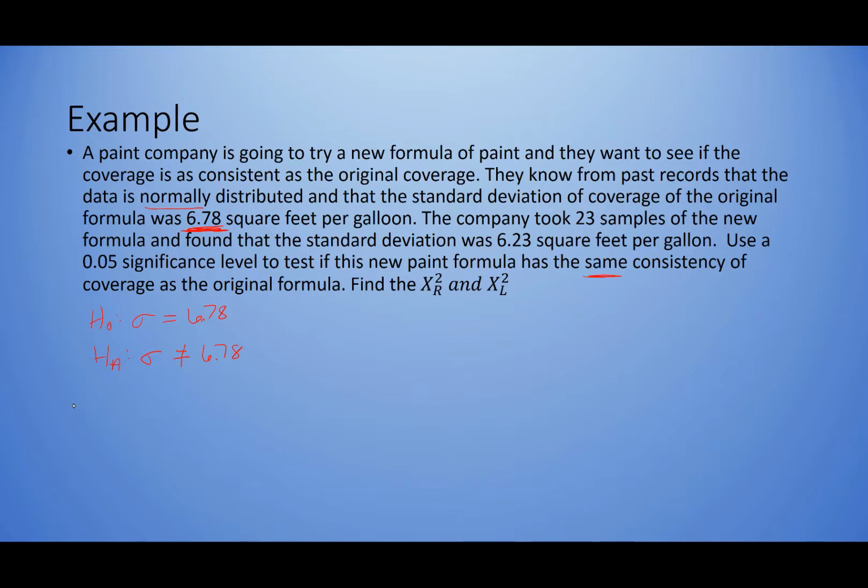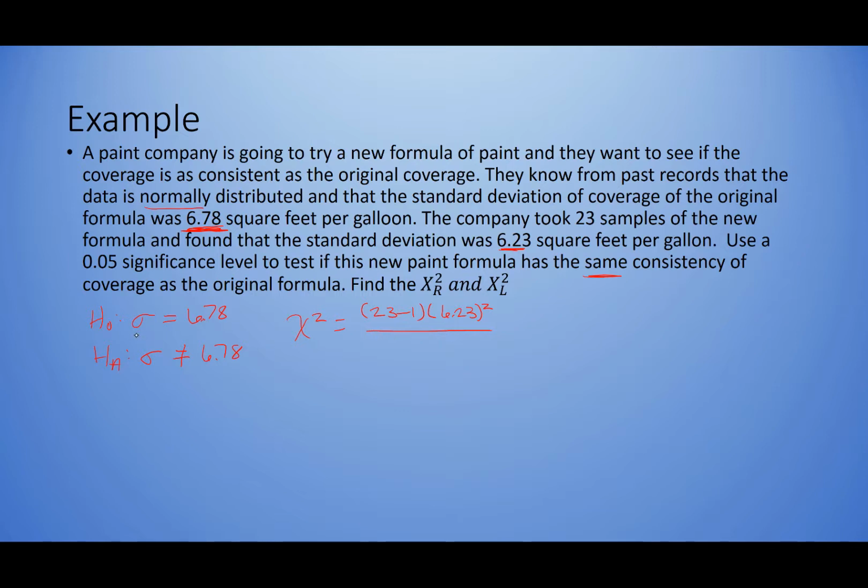Now that we have our null and our alternative, then we can go ahead and start our computation for our test statistic. So to do our test statistic, we have to take our n minus 1, well it said our sample size was 23, so I would have 23 minus 1. I have to times that by my sample standard deviation squared. So my sample standard deviation is 6.23, and I'm going to square that. And then I have to divide that by my population standard deviation squared.